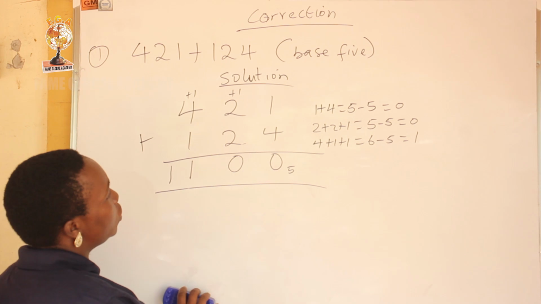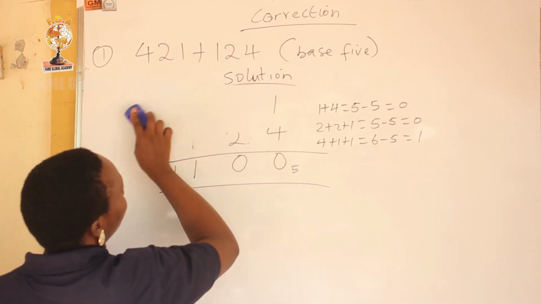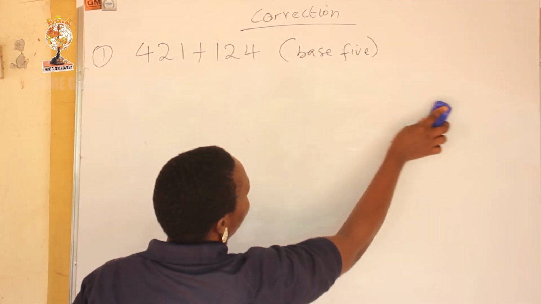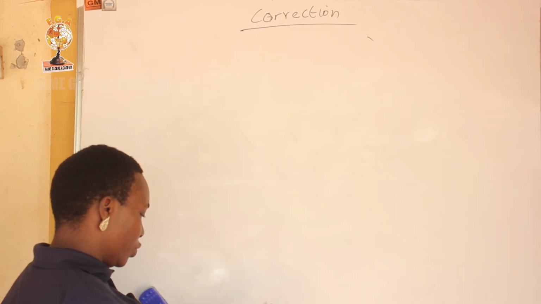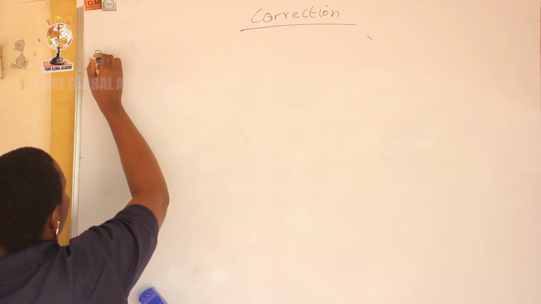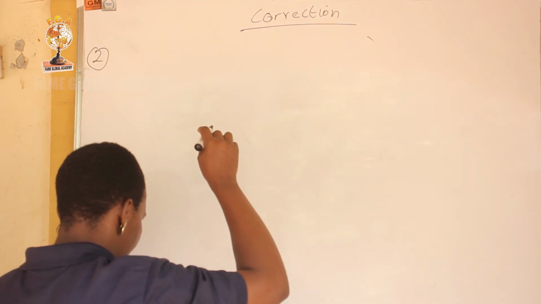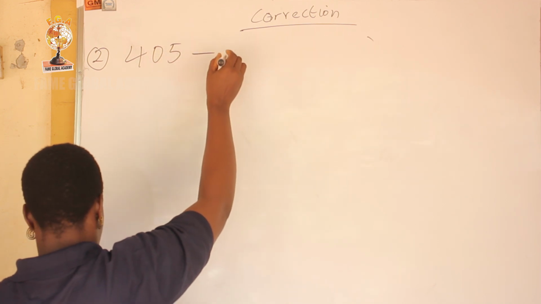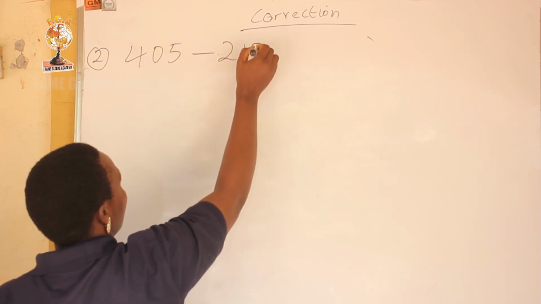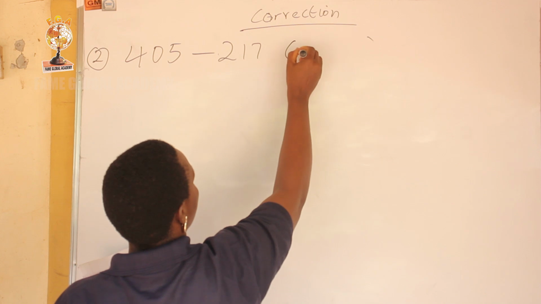So let's go to question number 2. Question number 2 is under subtraction, and that says 405 minus 217 base 8.